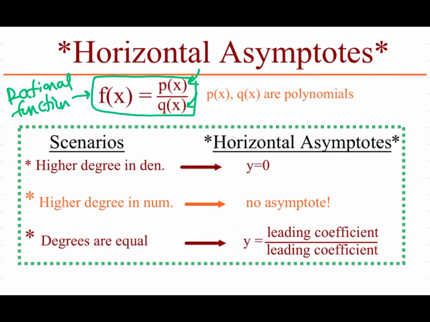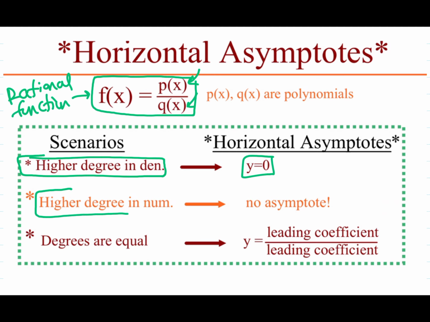Boom. All right, so we've got some scenarios here. If you have a higher degree, so we're going to be looking at exponents in your denominator, so in the bottom, immediately your horizontal asymptote is y equals 0. No questions asked. That's always how it's going to work.